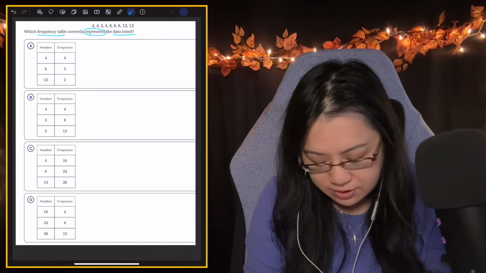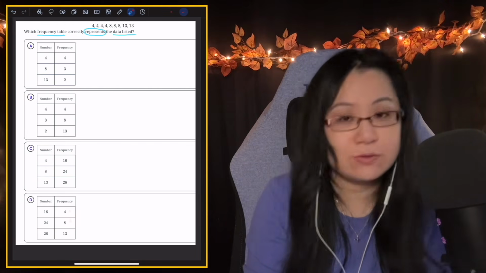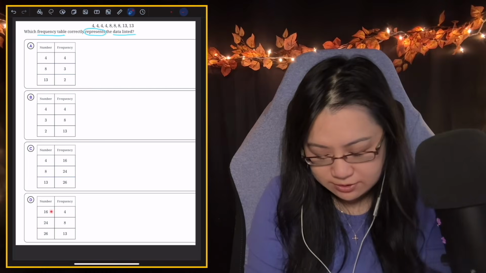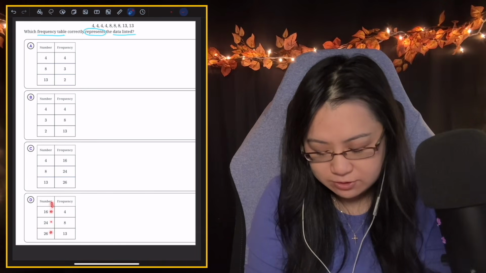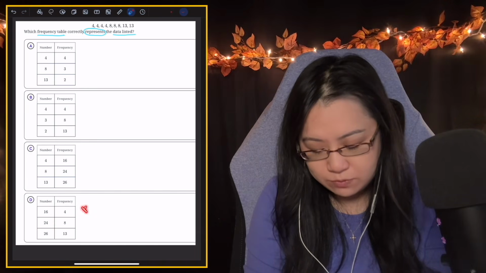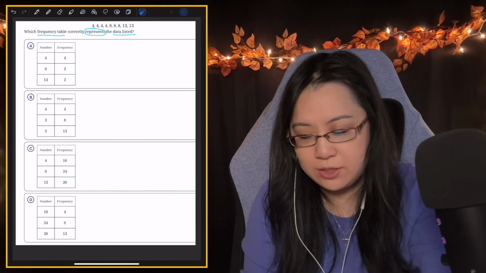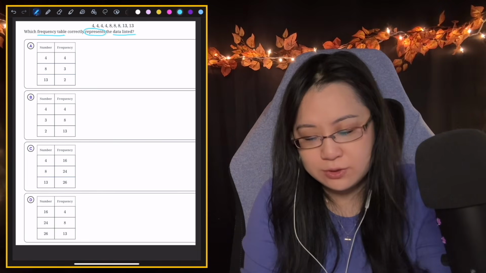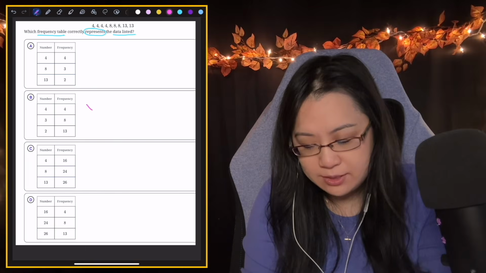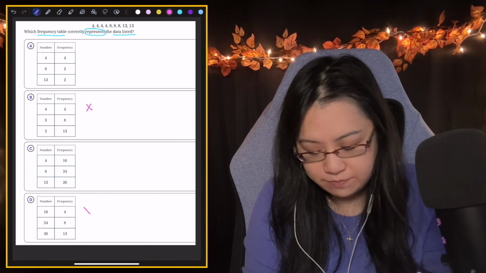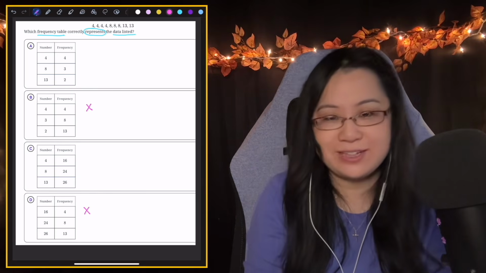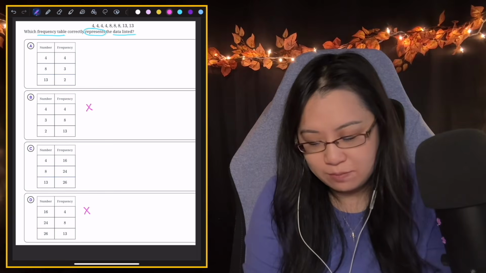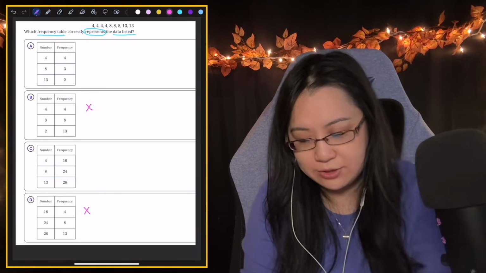And for D, we have 4, 8, and 13 in the wrong column as well. We see 16, 24, and 26 under the numbers. So straight away, we can eliminate choices B and D, which is pretty good, right? That's half of our answers, so that's a good start.